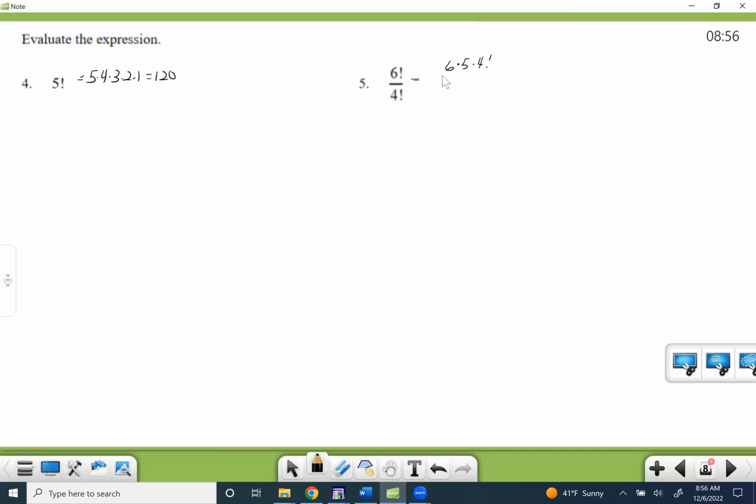This really is 6 times 5 times 4 times 3 times 2 times 1, if you think about it. We've got our 6 times 5, and then 4 factorial is 4, 3, 2, 1. The reason we're writing it like that is so that we can cancel it with the factorial in the denominator. This makes our math really quick and easy. We could probably do it by hand faster than we could put it into our calculator.